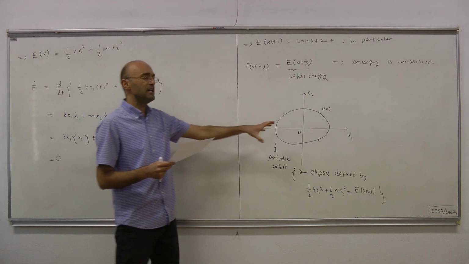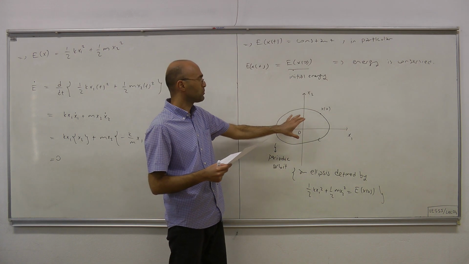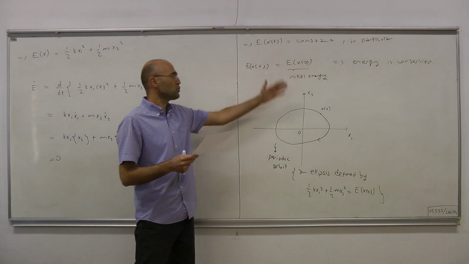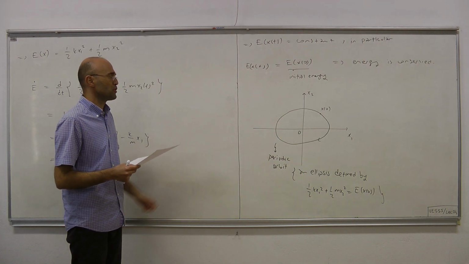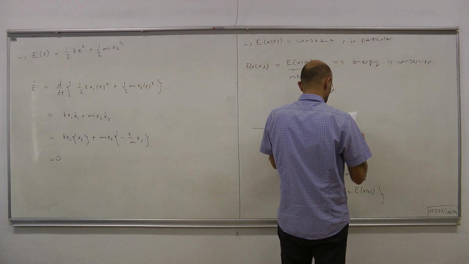Since the system is linear, you scale it, you multiply this by 2, you obtain another solution. You multiply this by 0.75, you obtain another solution. And all those solutions together make up what we call the phase portrait. So let's sketch the phase portrait here.